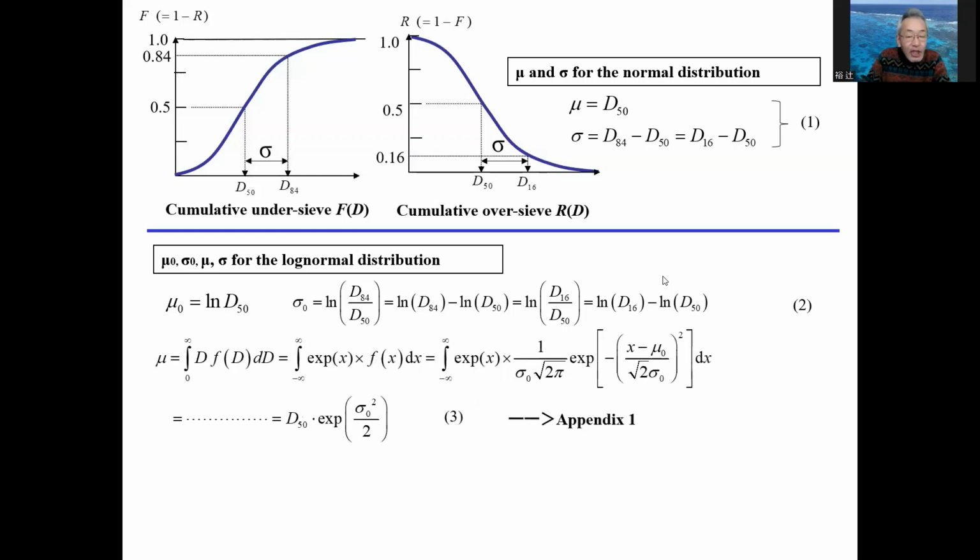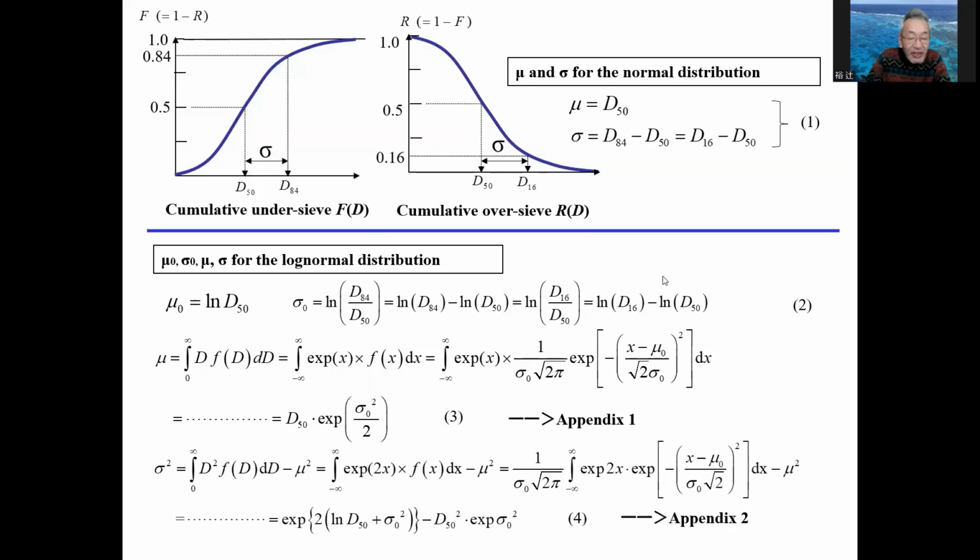The mean size mu n is given by equation 3. See Appendix 1 for the derivation of mu. The variance sigma squared is given by equation 4. See Appendix 2 for the derivation of the variance sigma squared.